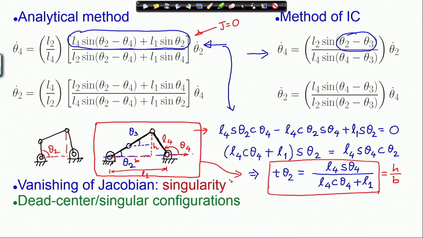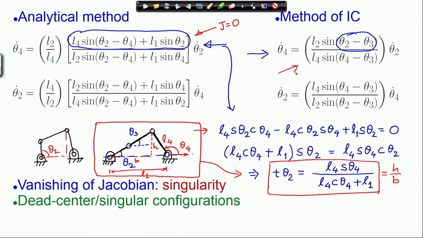So, this was not very directly observable from the Jacobian obtained from the analytical method, which was very directly observed from the Jacobian obtained from the method of ICs. So, we could locate the singular configuration very easily using the method of IC.